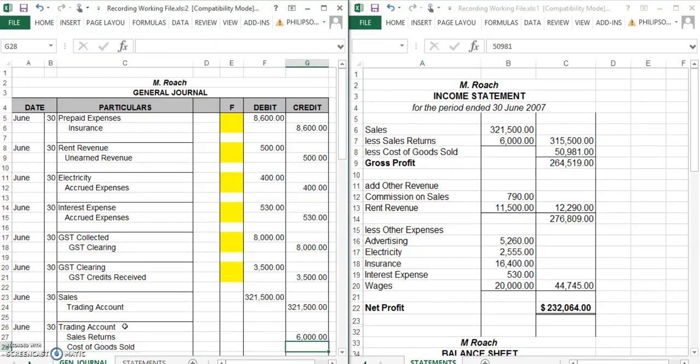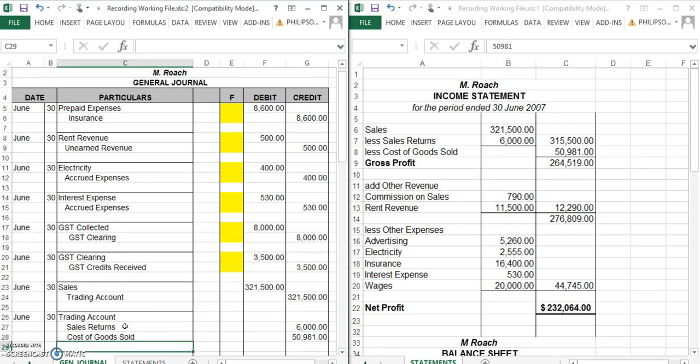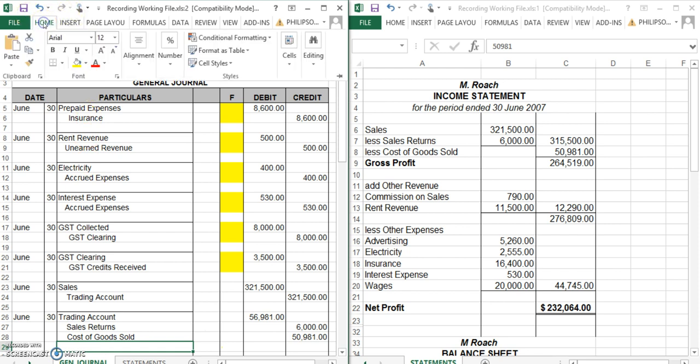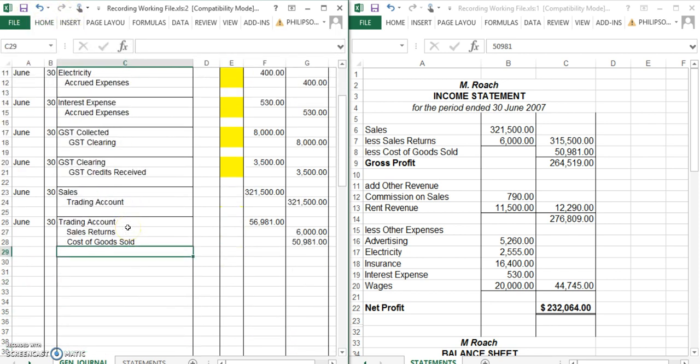Cost of goods sold, 50,981. Okay, let's let Excel do our maths for us. Equals that plus that, 56,981. Okie doke, so that's our trading accounts closed off to trading.